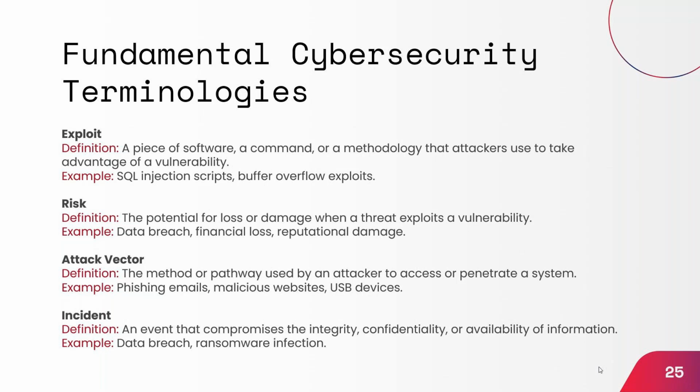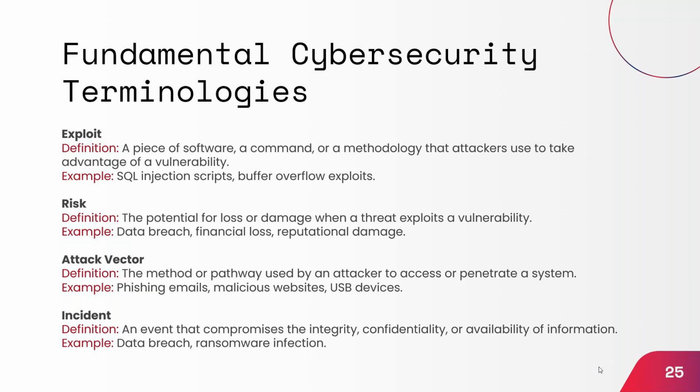There was a vulnerability, we used an exploit code to get into the system. So here, exploit is something which helped us to enter into the system by taking advantage of the vulnerability.